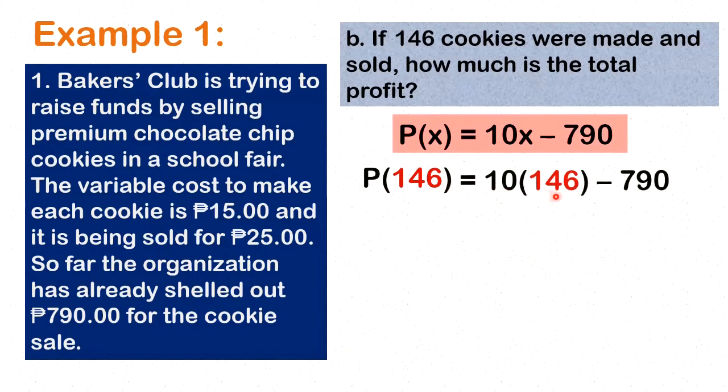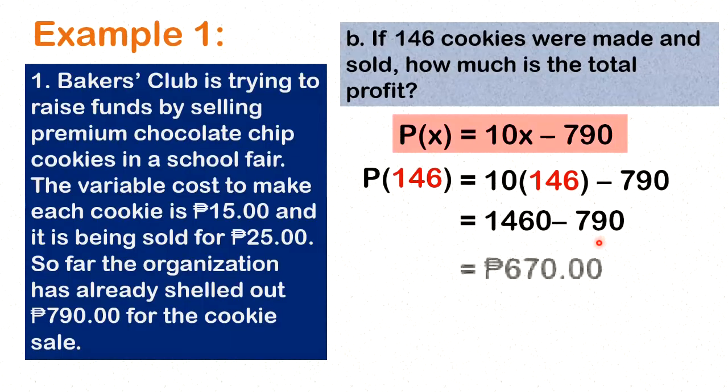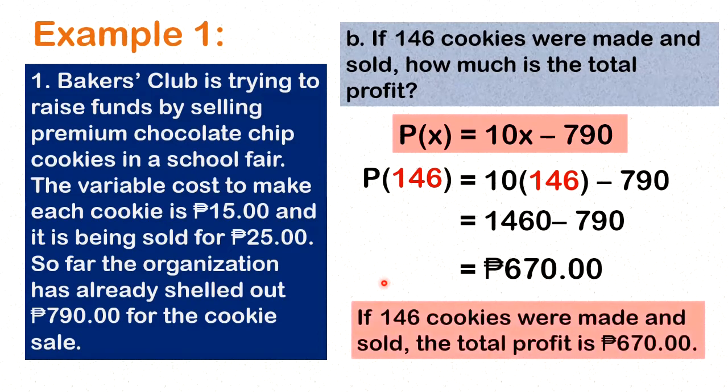Okay, 10 times 146 minus 790. You're going to have this. Okay, you do the math. You will get 670 pesos. Do you see the sign here? Do not forget the peso sign sa final answer. Okay? You may also want to write this. If 146 cookies were made and sold, the total profit is 670 pesos.